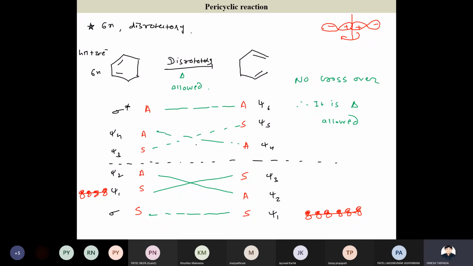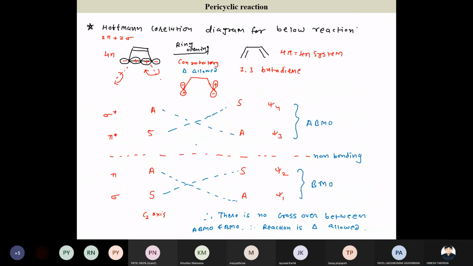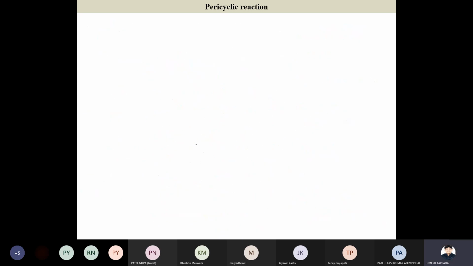So in short, a 6N system is thermally disrotatory allowed and a 4N system is thermally conrotatory allowed. What is the selection rule? If a 4N system is there, then thermally which motion is allowed?